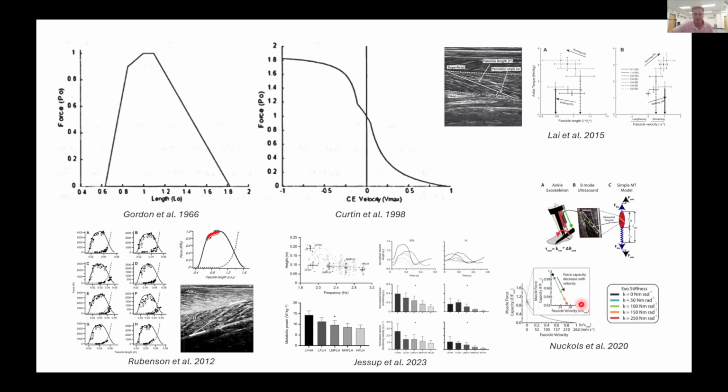They also found that compared to no exoskeleton assistance, this blue stiffness level actually reduced the metabolic cost of walking, whereas these higher stiffnesses increased the metabolic cost of walking.